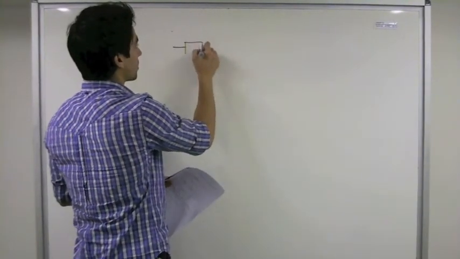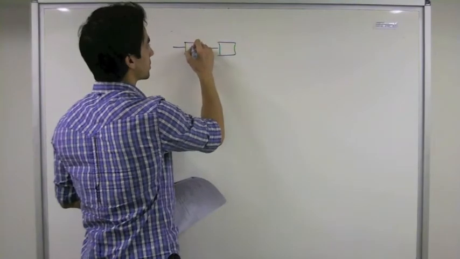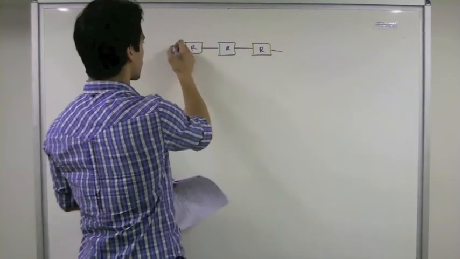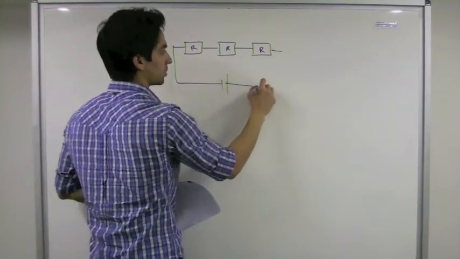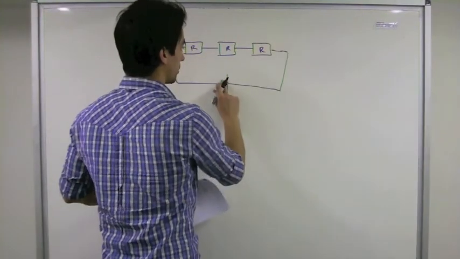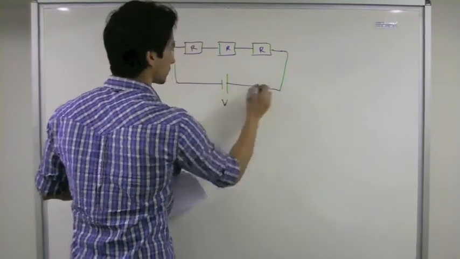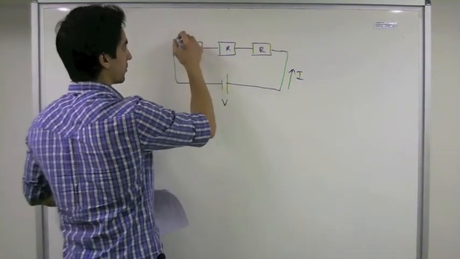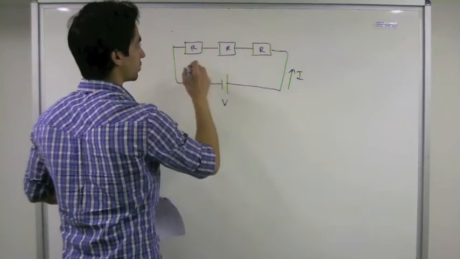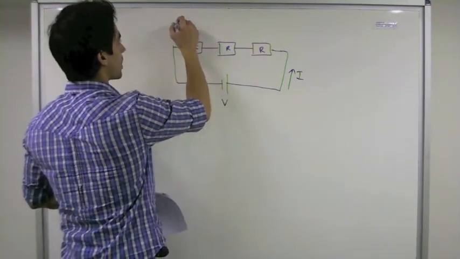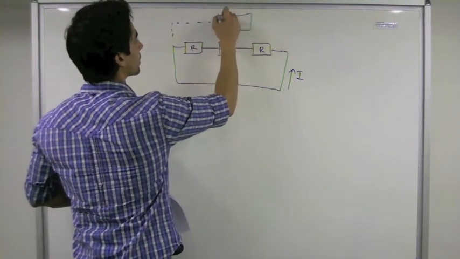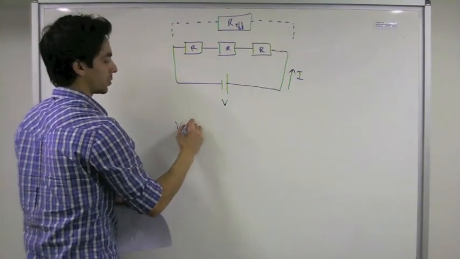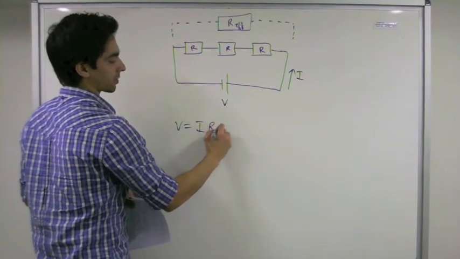If you have resistances in series, all connected to a particular battery source here, and the current is I, the effective resistance is what we get if this were replaced with one resistance called R effective. So V would be equal to I R effective.